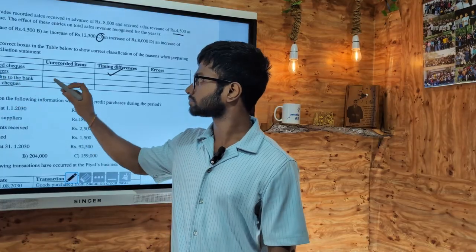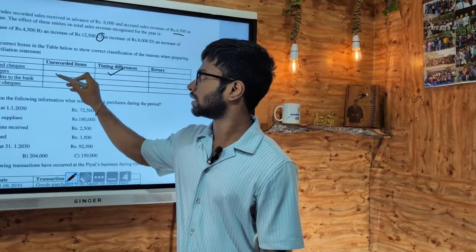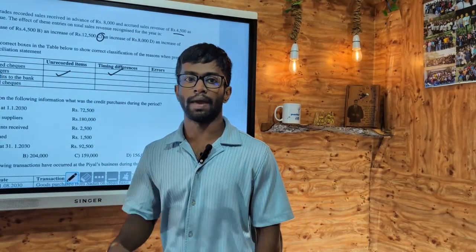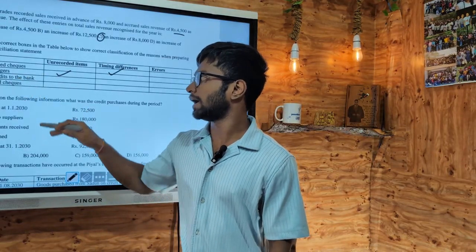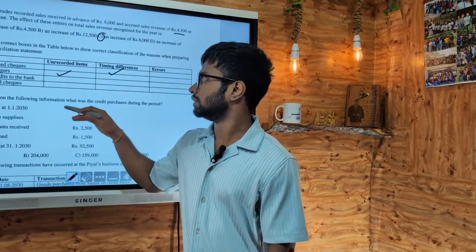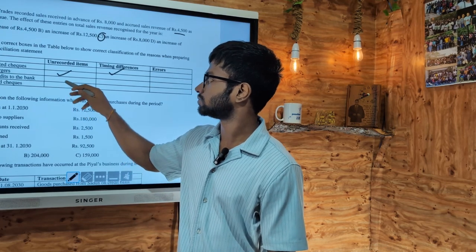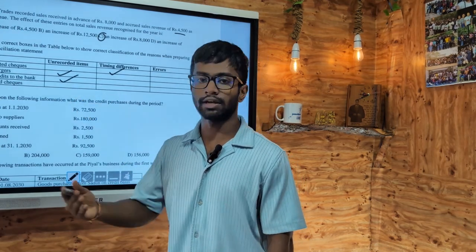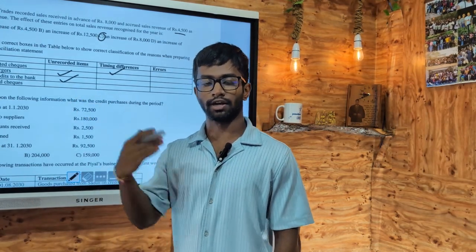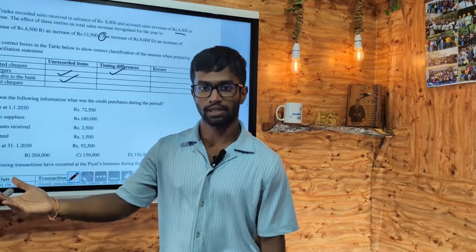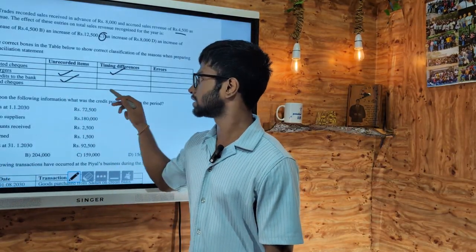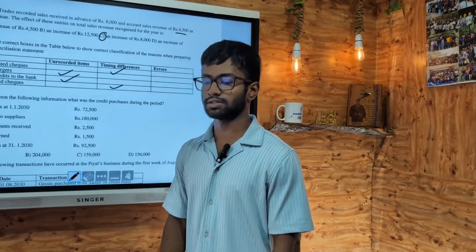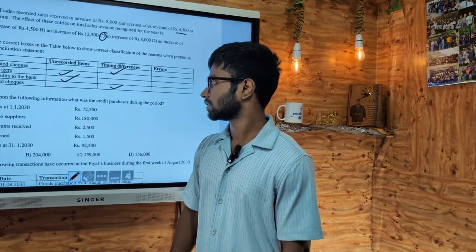Bank charges, which is an unrecorded item. That means the bank recorded it, but we didn't record. Direct credit to the bank, that is also an unrecorded item. You directly get it to your bank, and it's recorded in the bank statement, but it's not recorded in your books of accounts. Unrealized checks, those are timing differences.